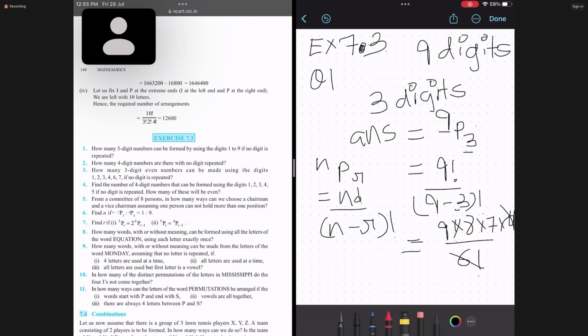Cancel 6 factorial from numerator and denominator. And when you go on to solve this, the answer that you are going to arrive at is 504. So 504 three-digit numbers are possible when you have 9 digits to permute from and 3 places to fill, right? So that is your final answer.